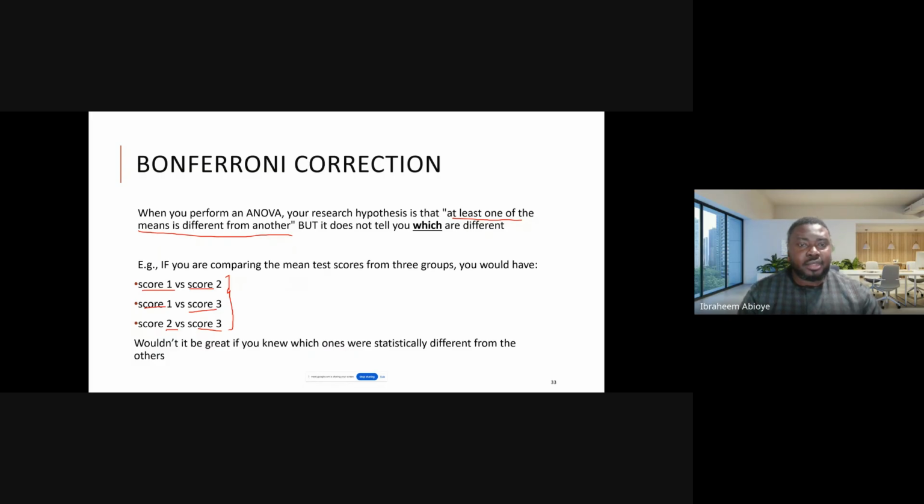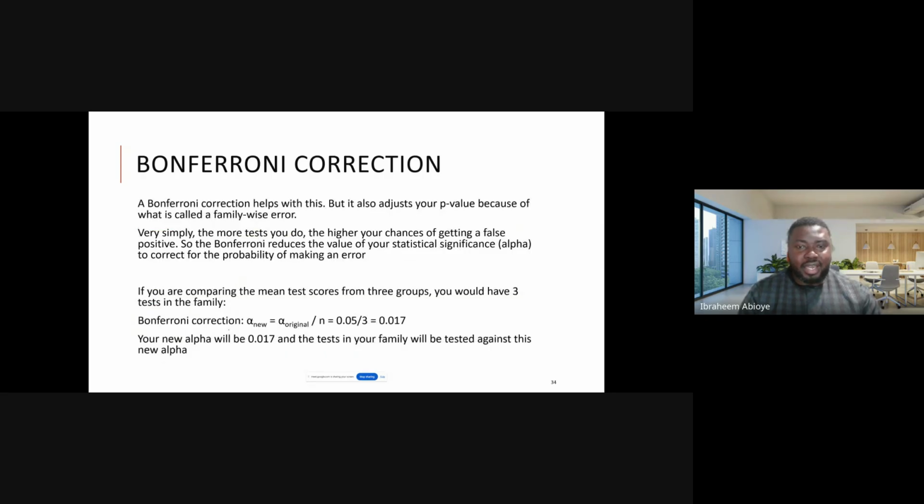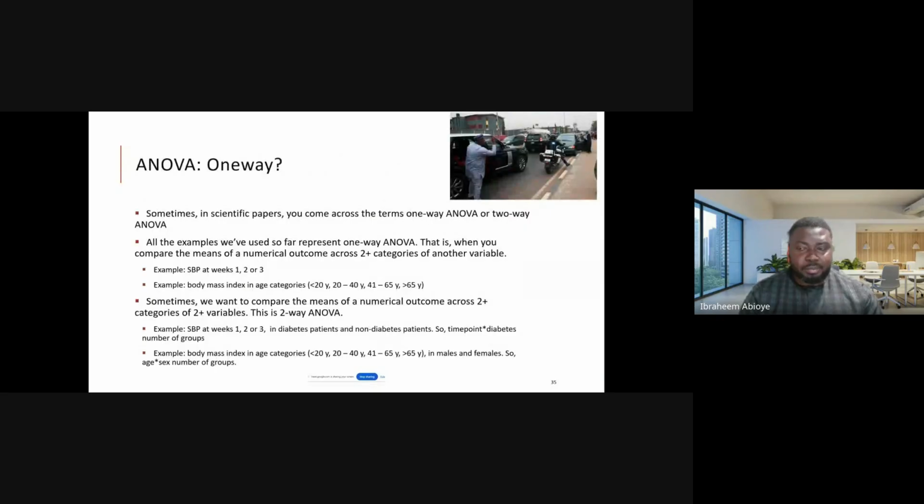That's what we're trying to do here using Bonferroni testing. So I will skip this over.